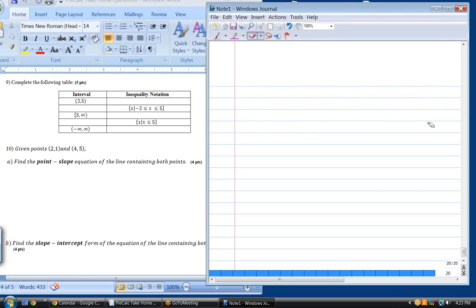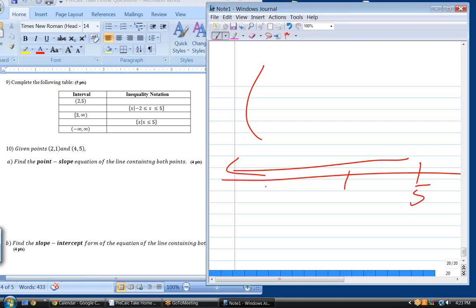Okay, let's do the fourth one. They give you the inequality notation and want the interval. What's the interval that represents? If it's less than 5, where would you start on the line? If I draw a number line and there's 5, it goes all the way to negative infinity.